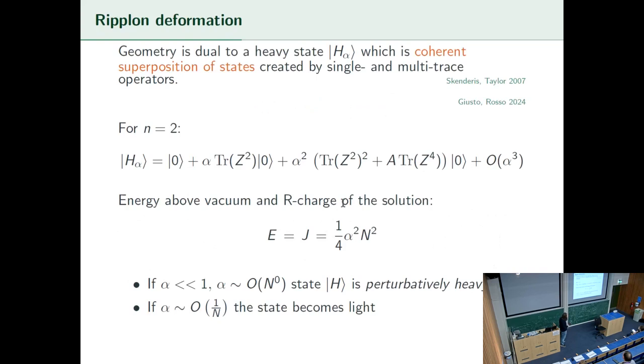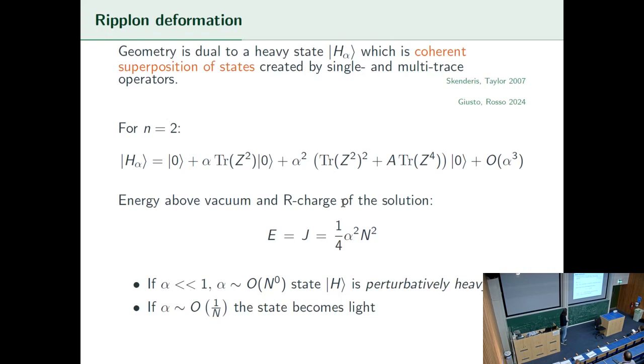The holography of this geometry was considered in a paper by Skenderis and Taylor in 2007, and what they found is that this ripple deformation is dual to some coherent superposition of states, which are created both by single and multi-trace operators.